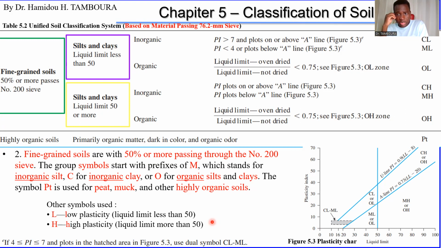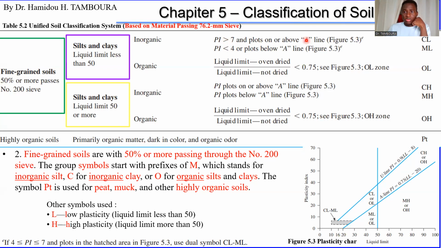Then something else, before I forget: here you have PI higher than 7 and PI less than 4.